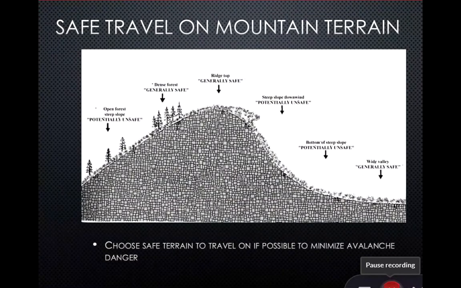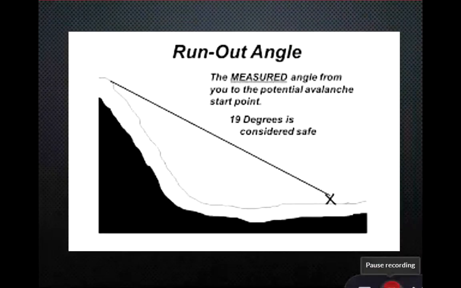But when you're far enough away from those slopes out in the middle of the valley, that can provide us with safe travel terrain from avalanches. One of the ways that we think about or determine what is safe out in a valley is called the runout angle. Basically it's a measured angle that we shoot from where we're standing to the highest point at which an avalanche crown could begin or an avalanche could fracture.